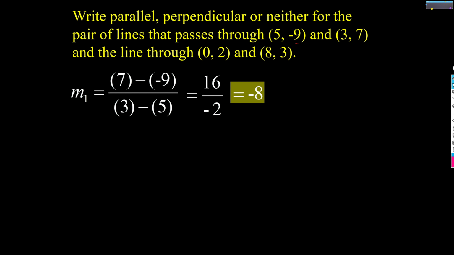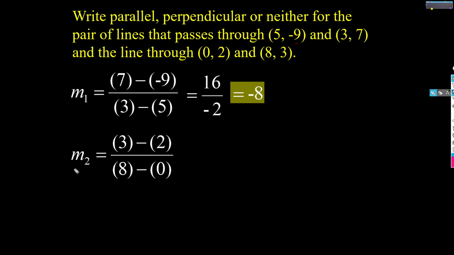Or when you multiply a number by -1, or any negative number, you are going to get a negative number. So we just calculated our first gradient, m1, and with that we can go to our second line, m2.